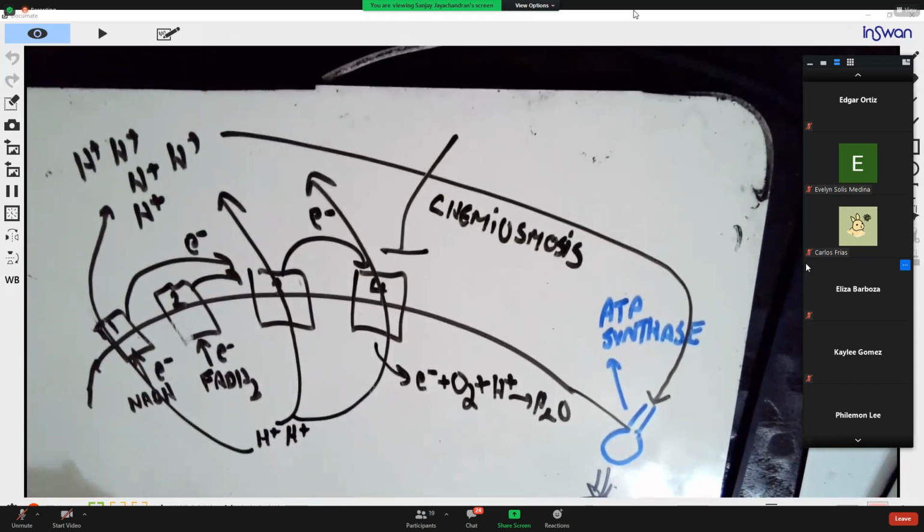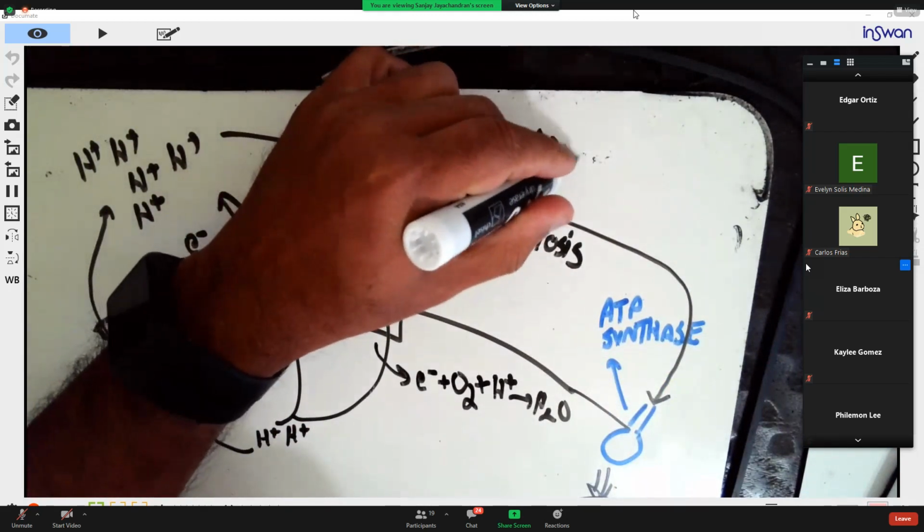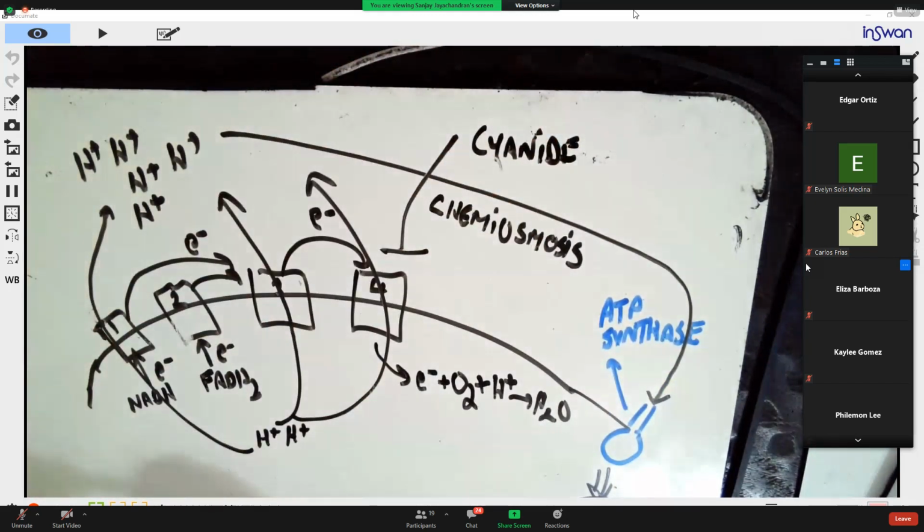Yeah, that's what cyanide does. You guys have heard of cyanide? It's the poison that soldiers would use. People commit suicide with cyanide, right? Because it's quick acting, within a few minutes.